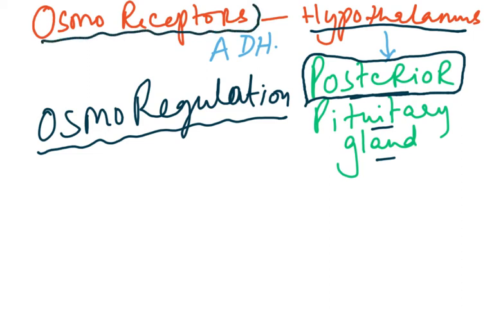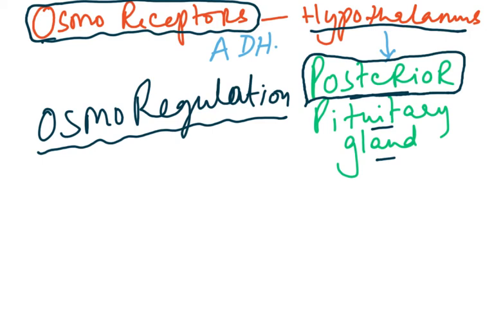Like we have thermoreceptors, these are osmoreceptors. These cells will detect a decrease in the water potential of the blood, because maybe there's too much of amino acids, too much glucose in the blood. Then nerve impulses are sent along the neurons, where they terminate in the posterior pituitary gland.